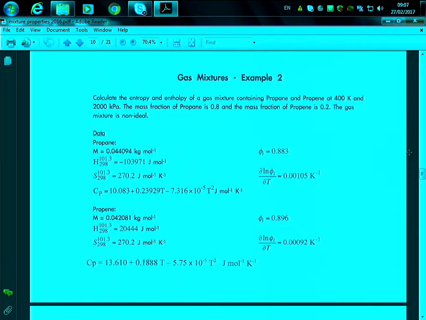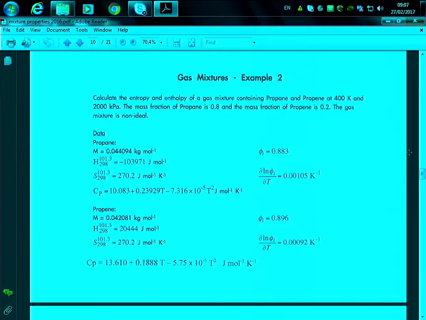The general equation is just the sum of the properties of the components of the mixture, but in the case of entropy we then have to add a term taking into account the non-ideality of the system, if you remember.